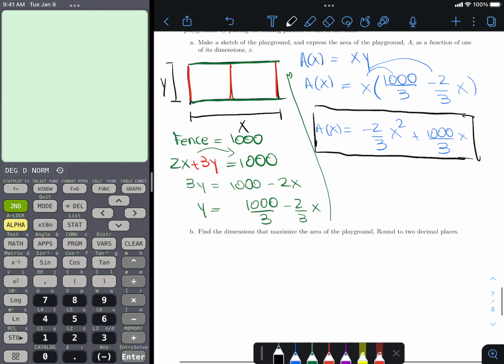On B, we just want to optimize this. We want to maximize A. This is a concave downward parabola. The graph looks like this. So there is a max for sure at the vertex. You want to find the x of the vertex first. The x of the vertex is minus b over 2a.